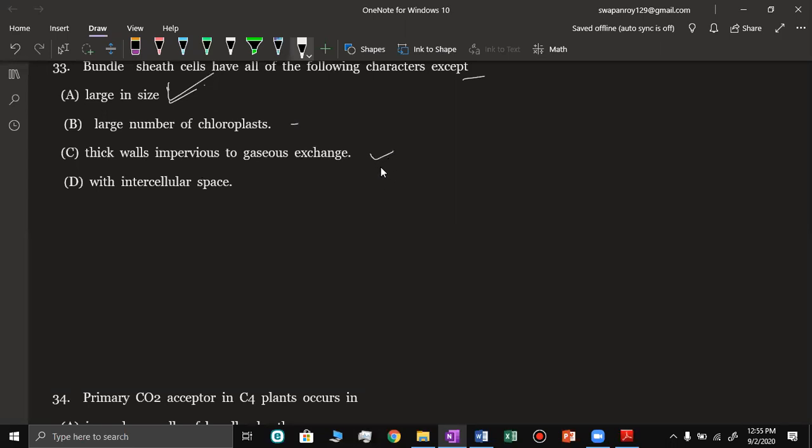This is also true, they don't require gaseous exchange. They have a large number of chloroplasts, of course, as the stroma is required, but they don't have much grana in the chloroplast. With intercellular space: bundle sheath cells don't have intercellular space.